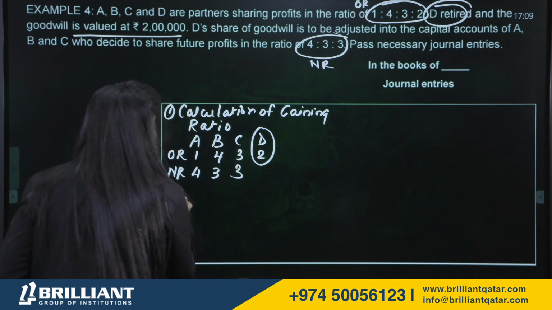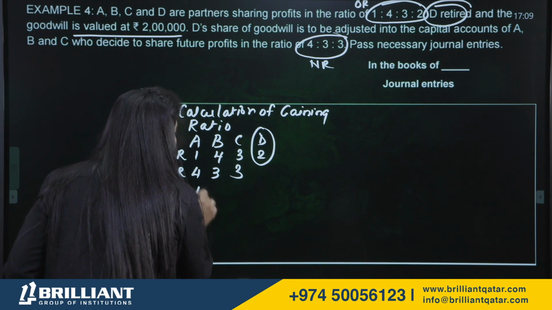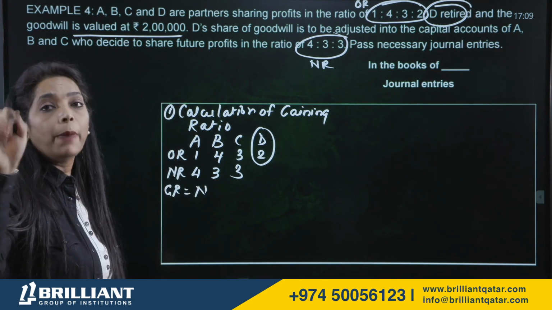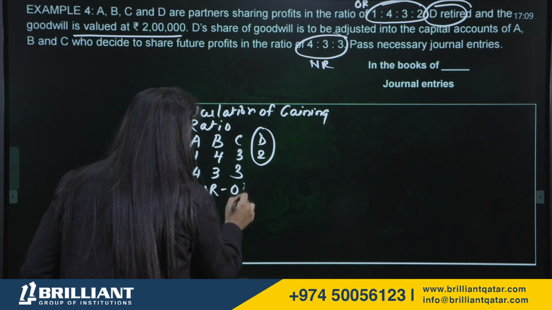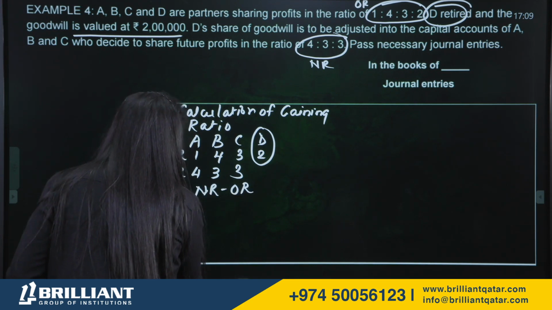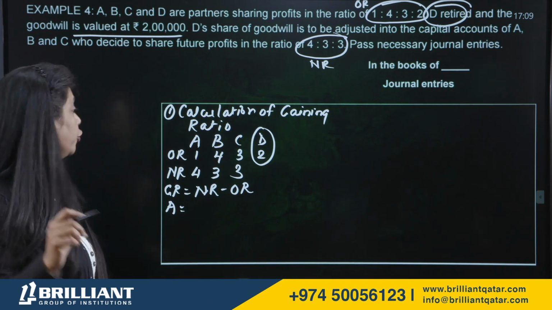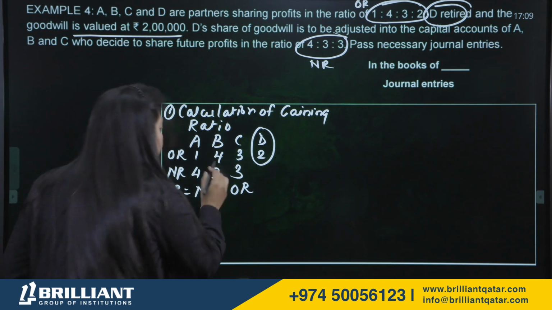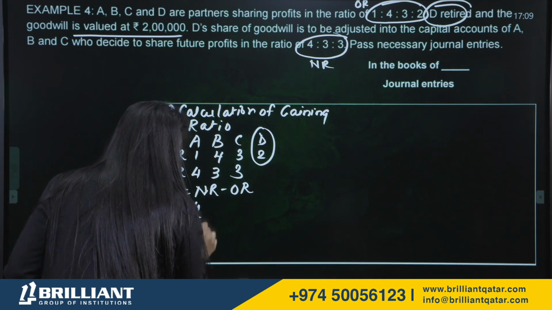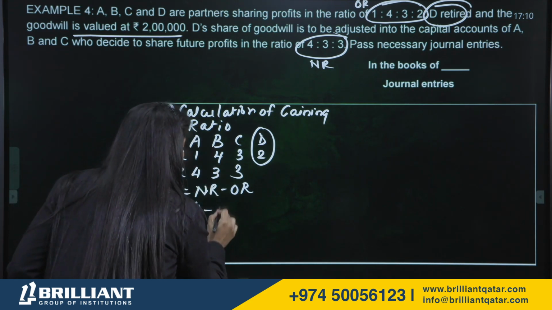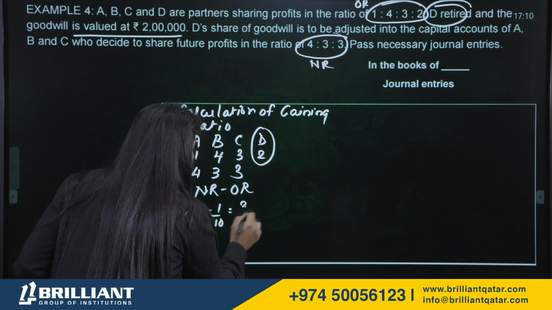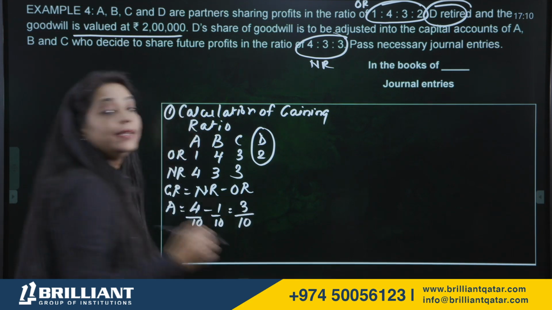Now the gaining ratio formula that you have is new ratio minus old ratio. So in that case, for A, what is A's new ratio? A's new ratio is 4/10 minus the old ratio 1/10. So his gaining ratio is 3/10.